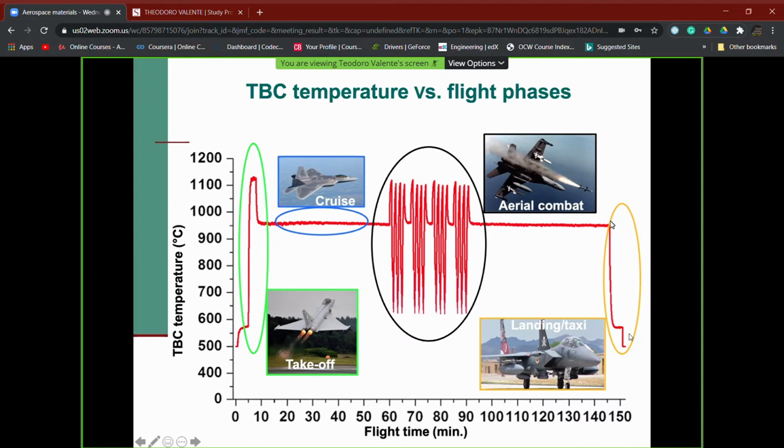And also in the opposite sense, in the terms that we have a very rapid decrease of temperature during the landing and taxi phase.